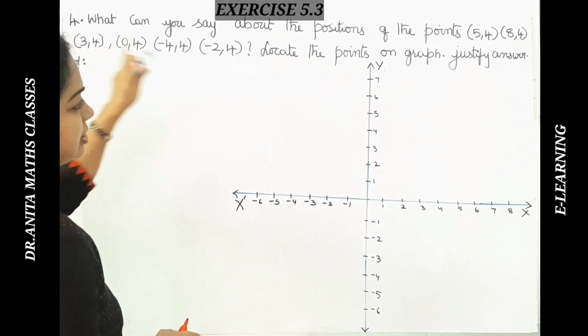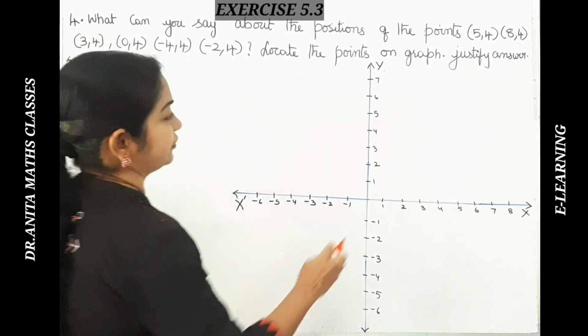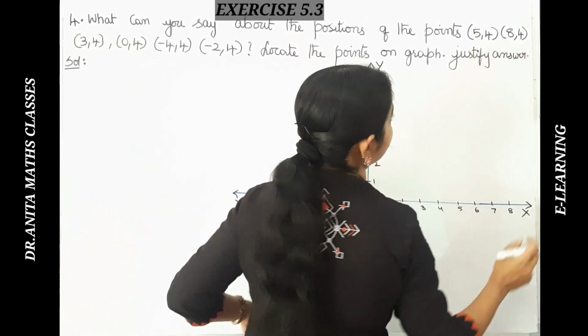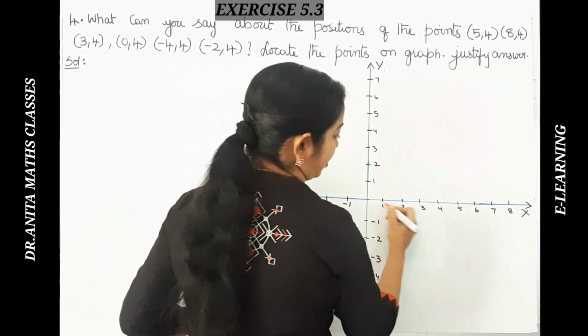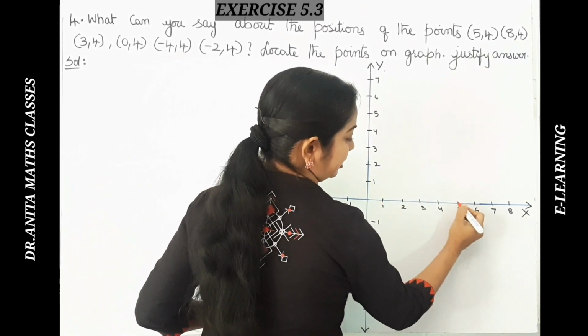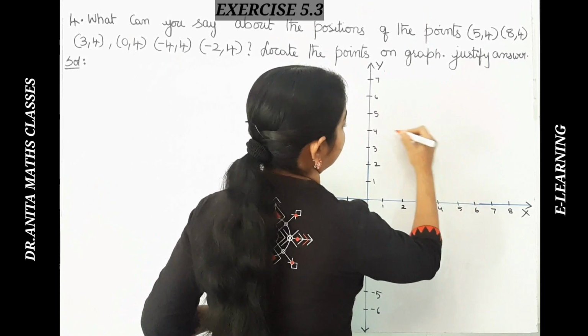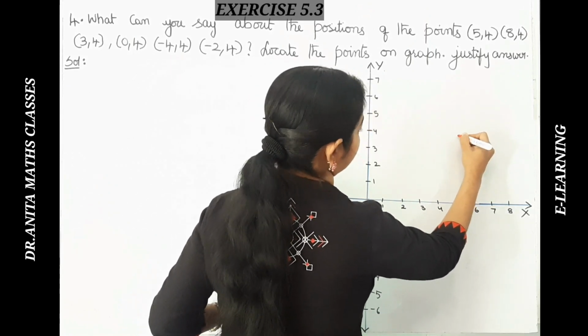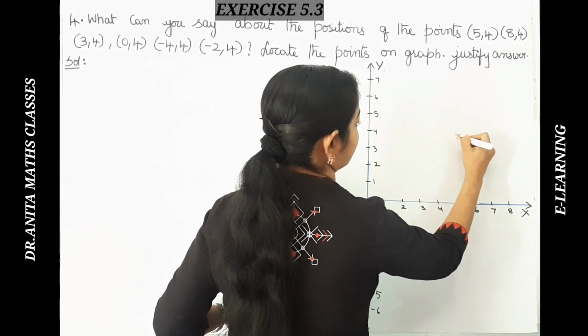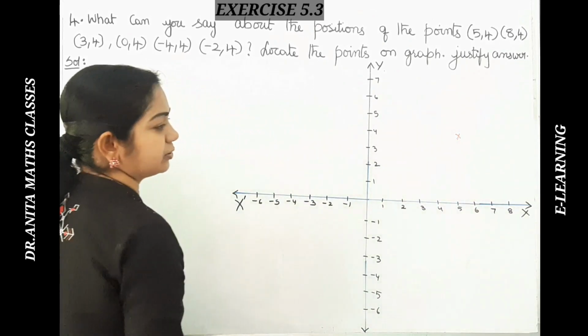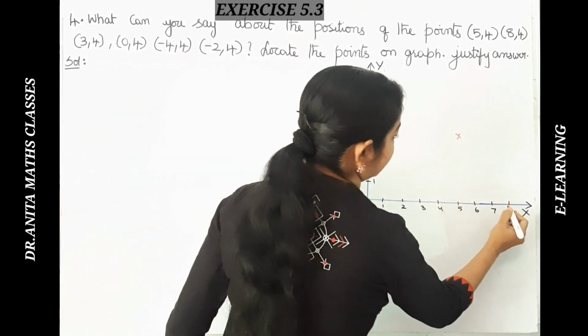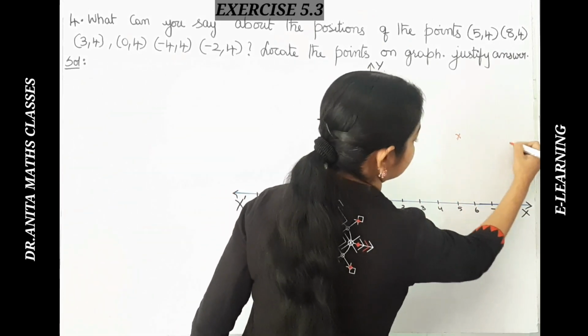Now let us plot these points on the graph. The first point is (5, 4). So 5 is on the x-axis and 4 on the y-axis. So this point. Then (8, 4). So this 8 and here this is 4, isn't it?